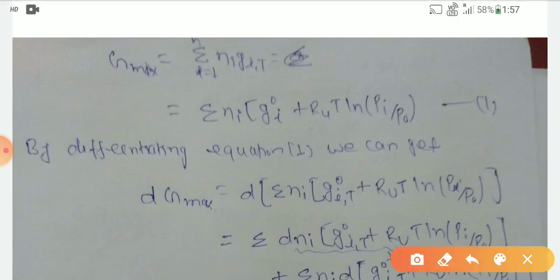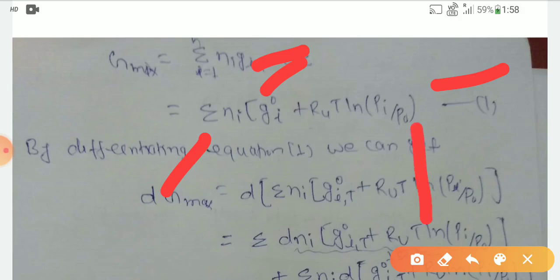Substitute this value in the main equation. So you can write G max equal to the summation of Ni times Gi standard plus Ru T ln Pi by P naught. I consider this equation 1. Again I differentiate this equation: dG max equals d of the summation of Ni Gi naught at constant temperature plus Ru T ln Pi by P naught.